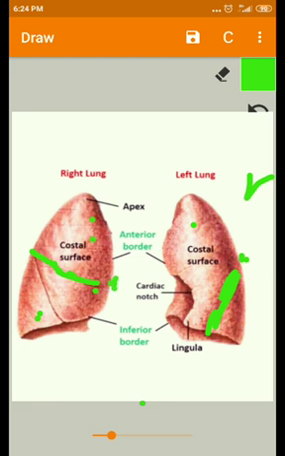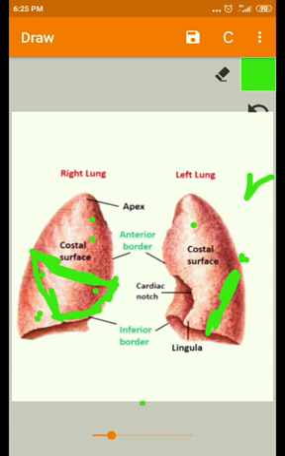So it starts from the anterior border and ends at the oblique fissure and separates a wedge shaped middle lobe. Because of this, it separates another lobe in the form of a wedge shape. This becomes the middle lobe in the right lung.